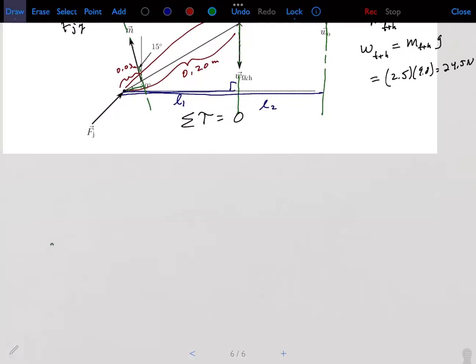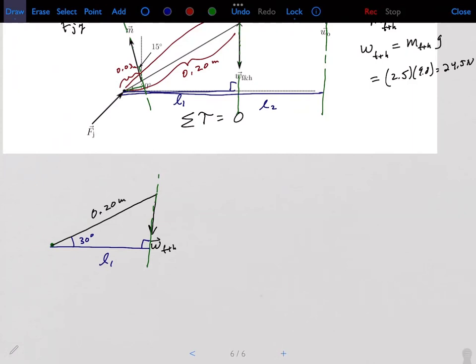So this is the elbow joint. This is the forearm. Let's say the weight of the forearm and hand is acting here. I'm looking for that distance, and this is a right angle here, so this is L1. I know that this is 30 degrees, and this length right here is 0.2, 20 centimeters, so 0.2 meters.